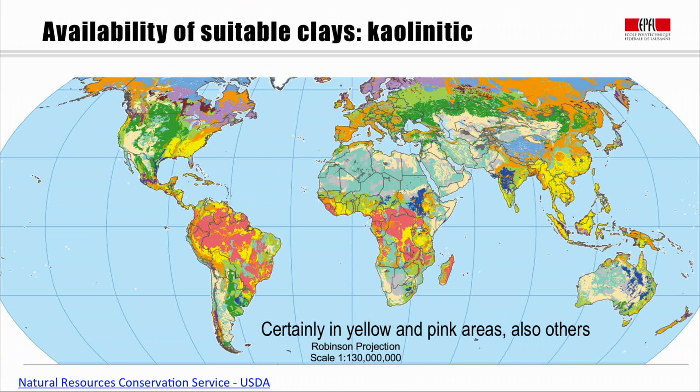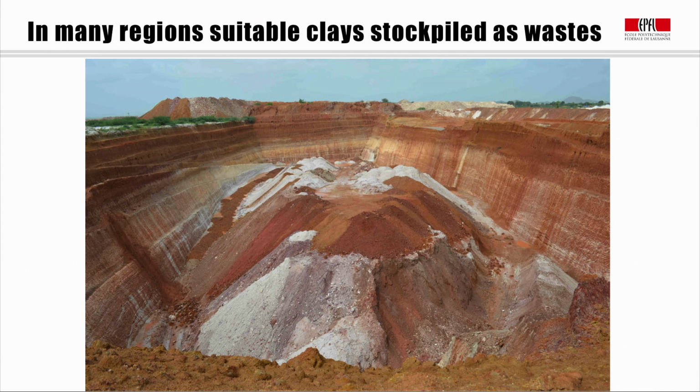So the main message here is that the kind of clays we need are incredibly abundant throughout the world. The reserves are virtually unlimited. These are just the countries in the equatorial subtropical regions where the growth in demand for cement is strongest. And in many of these countries, what we can find is that the suitable clays are currently stockpiled as waste.